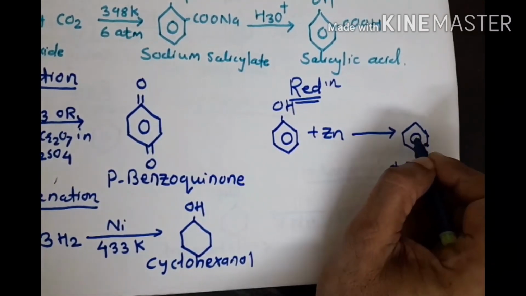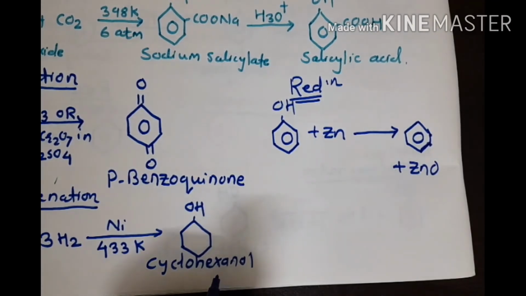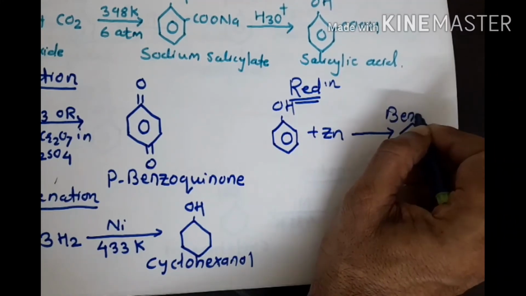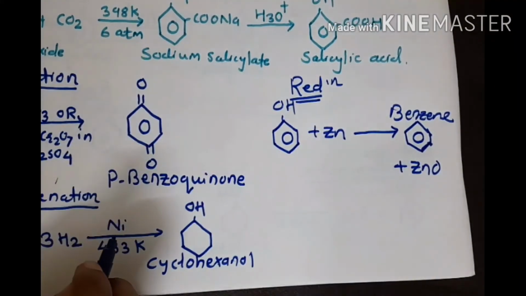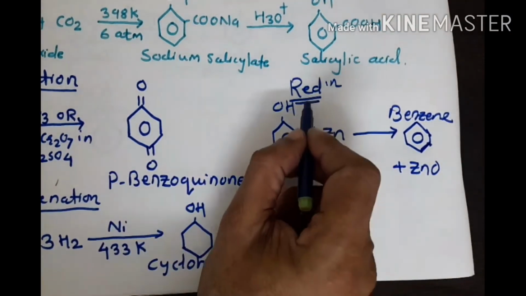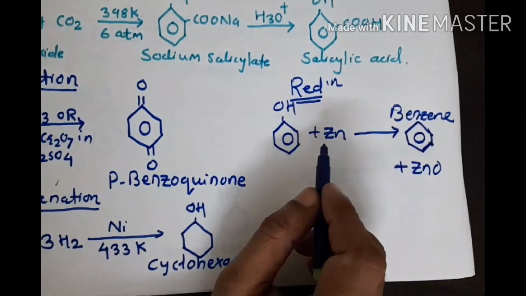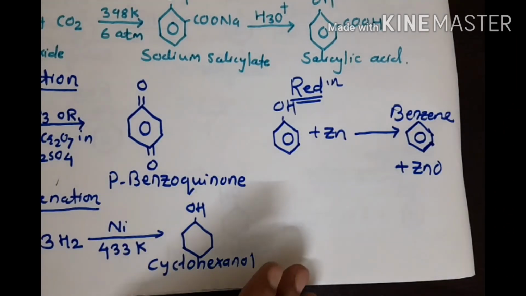A hexagonal ring. Why do we indicate a circle? Alternate double bonds are present there. So what's this? This is your benzene. Okay. So phenol when heated with zinc dust undergoes a reduction reaction and gets converted into benzene. Okay. That's all about the chemical properties shown by phenol.